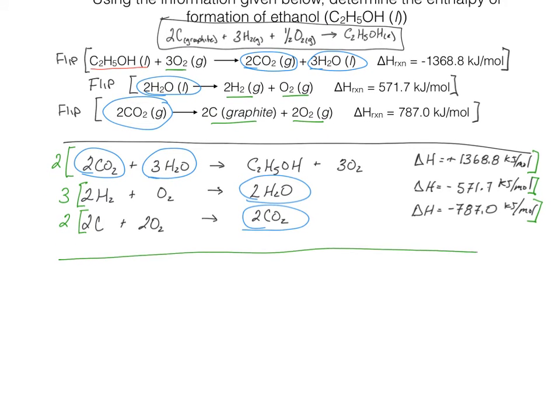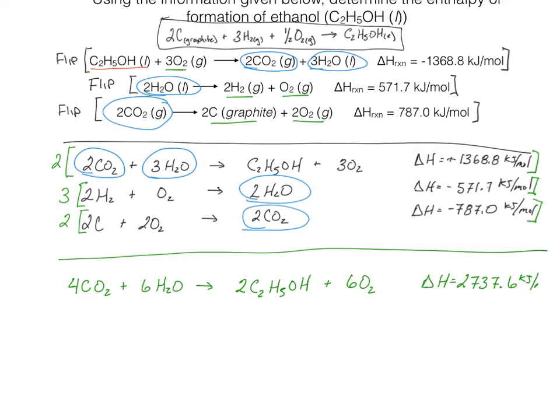And so what we get now is 4 CO2 plus 6 H2O goes to form 2 C2H5OH plus 6 O2. My delta H, I have to multiply by 2 as well, gives me 2737.6 kilojoules per mole.